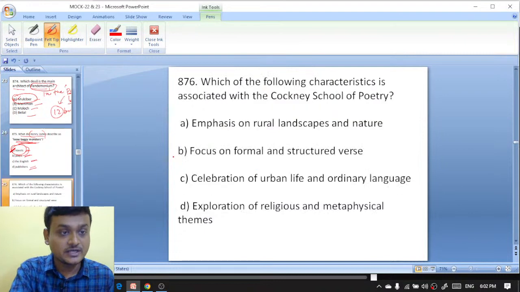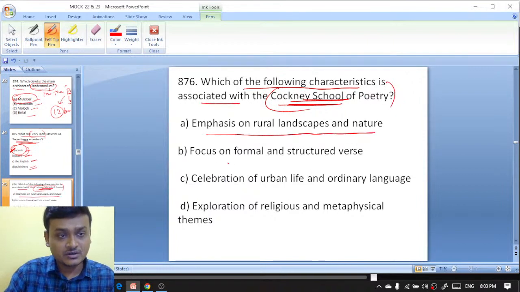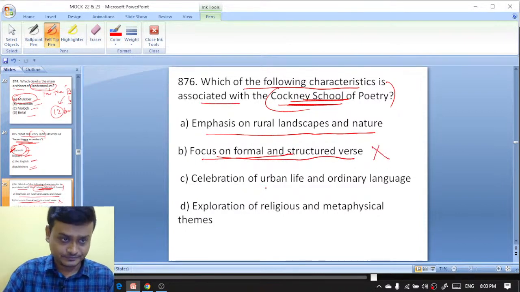Okay. Moving on to question number 876. Which of the following characteristics is associated with the Cockney School of Poetry? Emphasis on rural landscape and nature, formal and structural part, that is wrong.